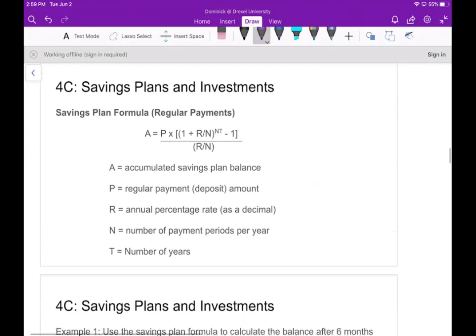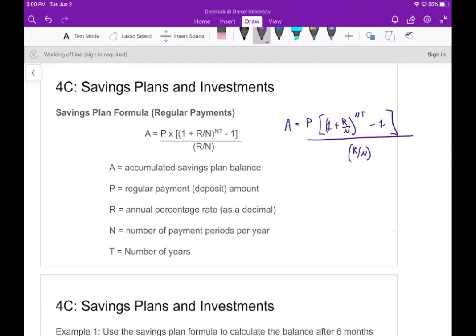Now, the savings plan formula, which is accumulated by regular payments, is A is equal to P times (1 plus R over N) to the N times T, minus 1, and we divide all of that by R over N, right?